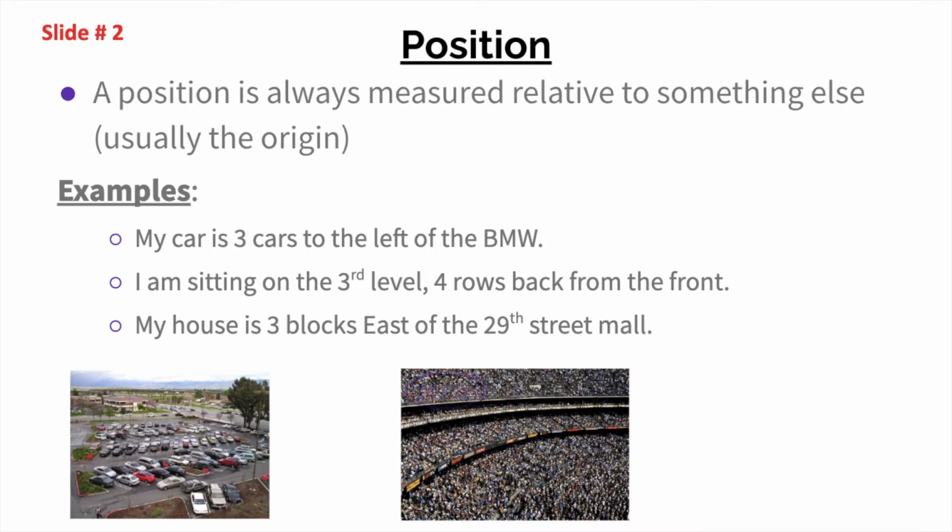My third example is, let's say I'm talking about my house in Boulder. And I'm going to say my house is 3 blocks east of the 29th Street Mall. I gave a position relative to another street, another location. And I gave directions, and I gave how many blocks you needed to go over in order to find the position of my house.